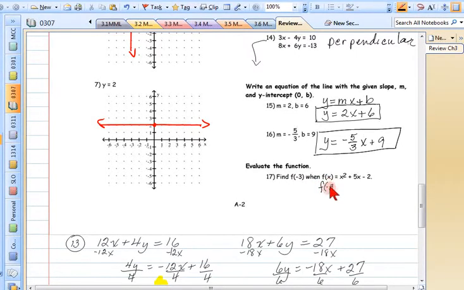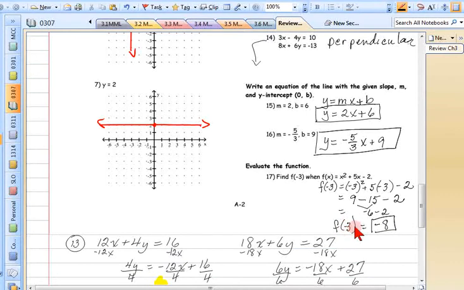F of -3 will be -3 squared plus 5 times -3 minus 2. -3 squared, -3 times -3 is 9. 5 times -3 is -15 minus 2. 9 minus 15 gives me -6 minus 2, which is -8. F of -3 is -8. And that's all you have to do on that question.